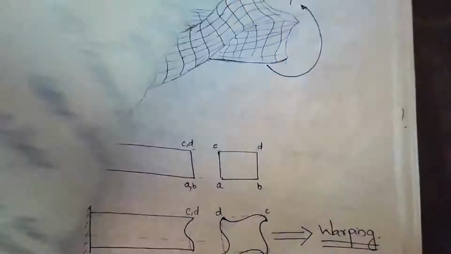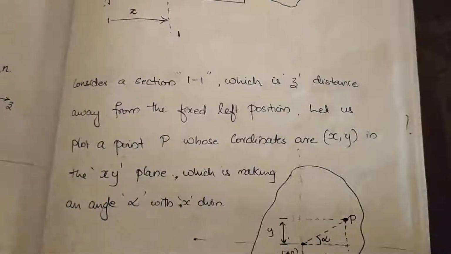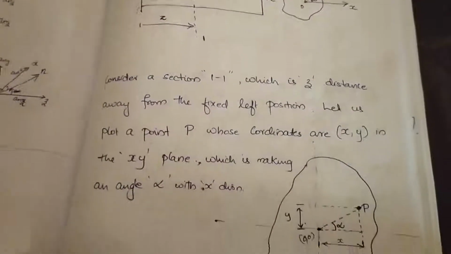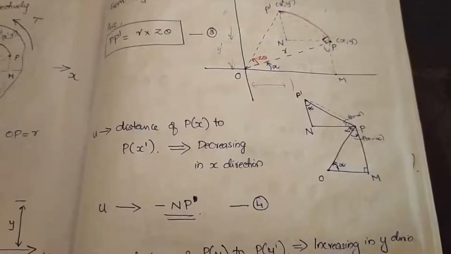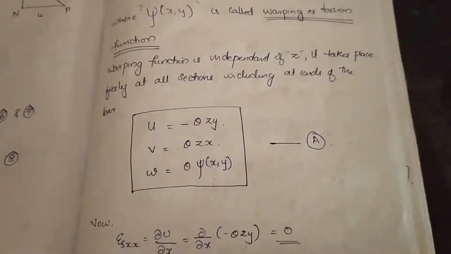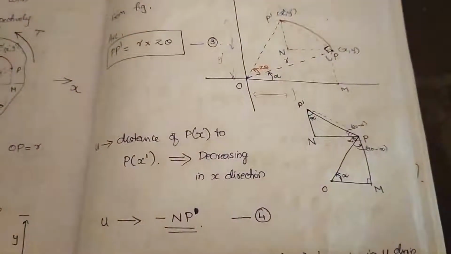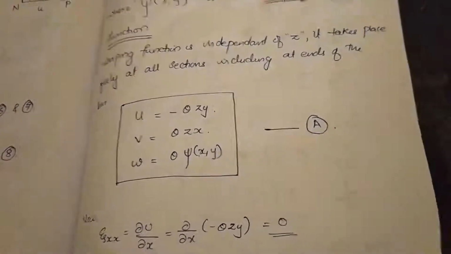In torsion, in Sen-Venance method these all things are similar, there is no change here. The same assumptions we are going to take here also.